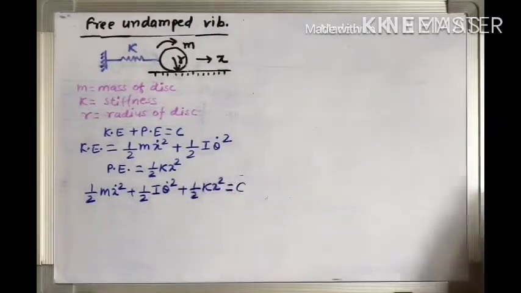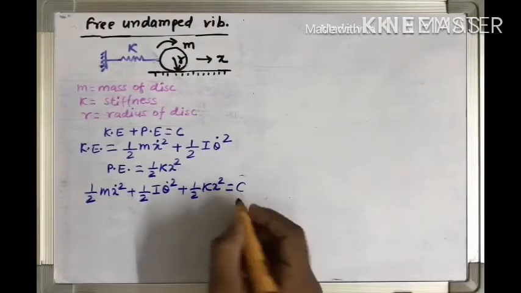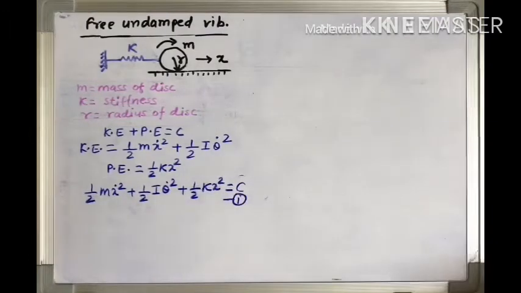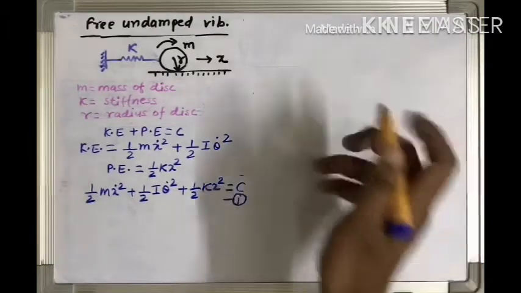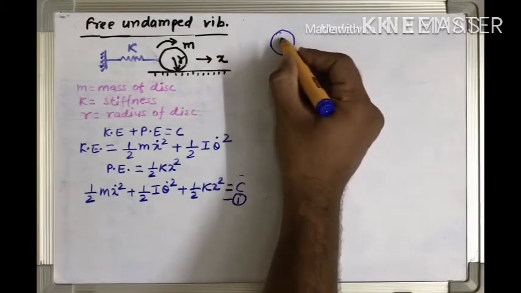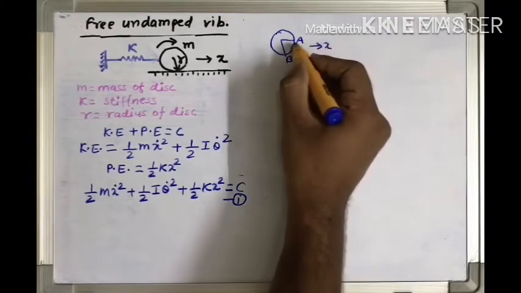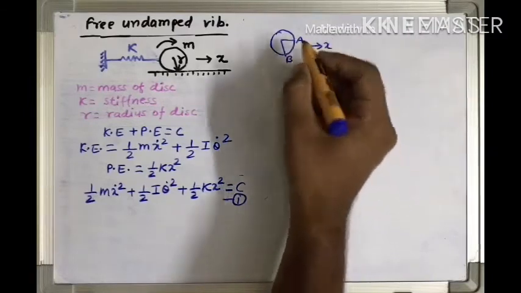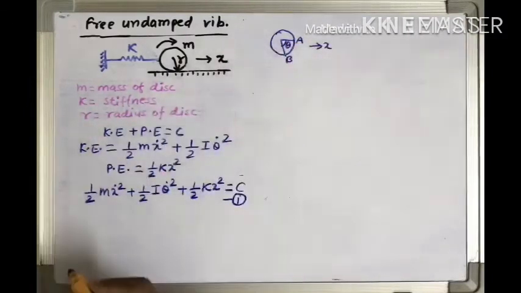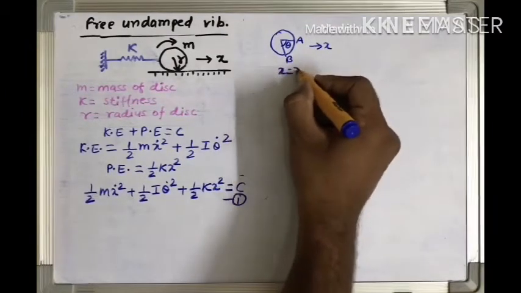So now, as we know, from the energy method we have to differentiate this equation. Suppose this is equation number 1. As we understand, if there is a disk and a point A travels the distance x because of the arc distance AB, and the angular displacement is theta, we can write x is equal to r theta.